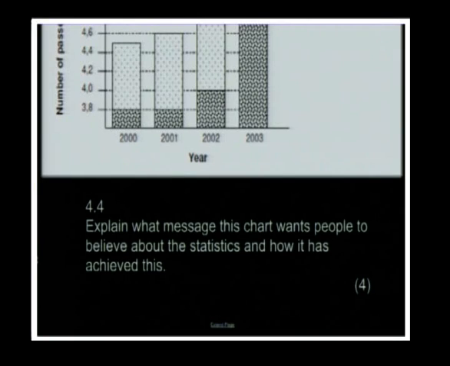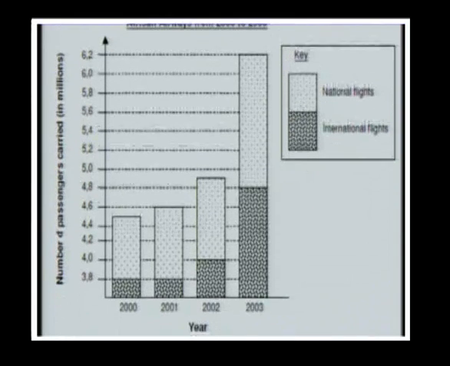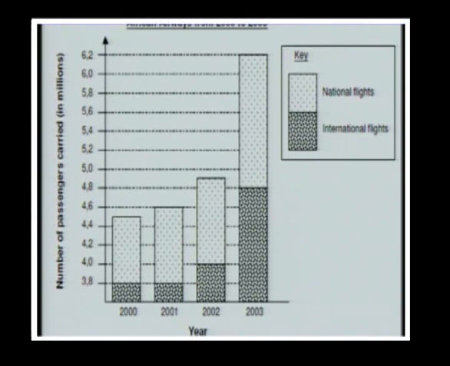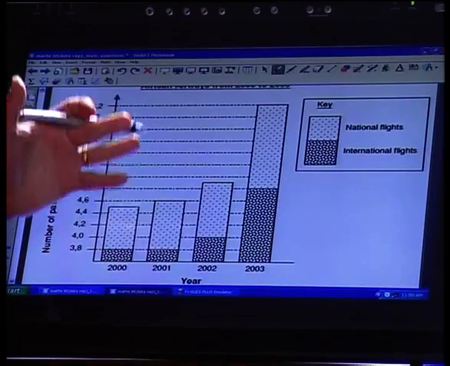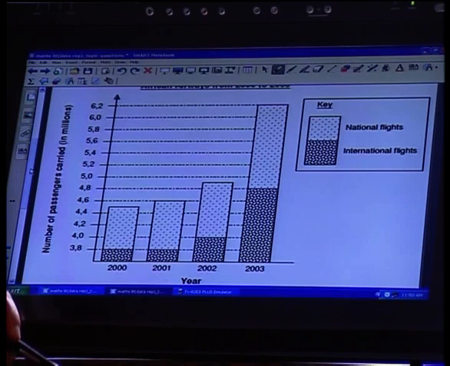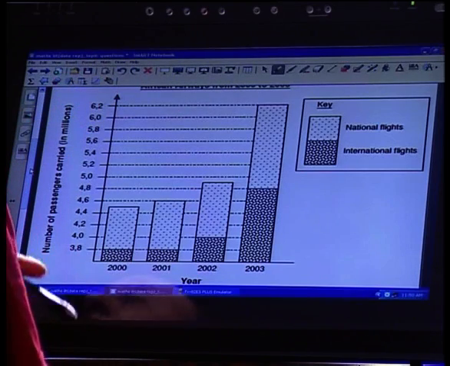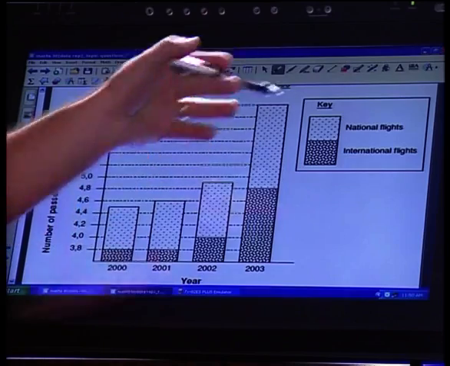And our last question on this one actually follows on from that, and it says, explain what message this chart wants people to believe about the statistics and how it has achieved this. So again, a two-part little question here. What do they want us to understand, or what are they trying to convince the readers of this chart of? Well, the chart looks like there's been a large increase in the number of passengers, and particularly that national flights seem to have increased quite significantly because they're on top.